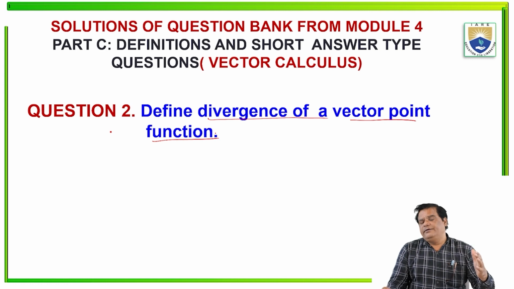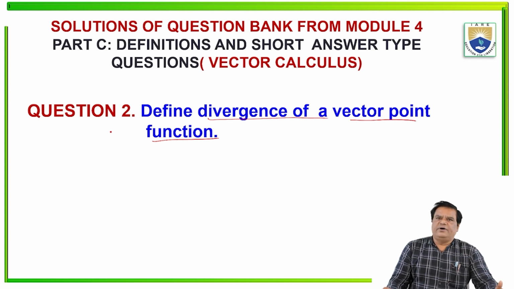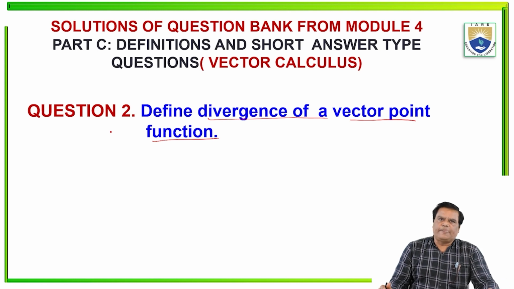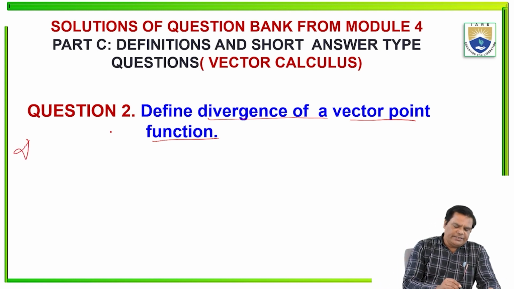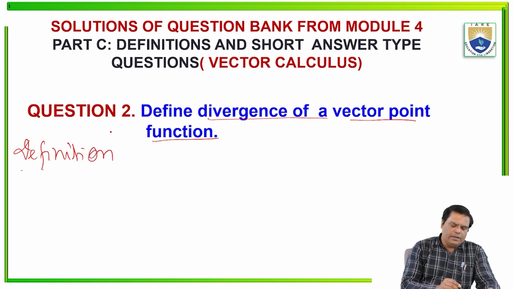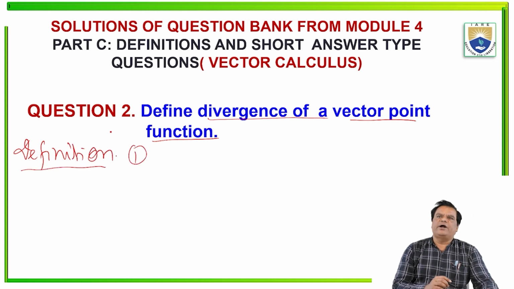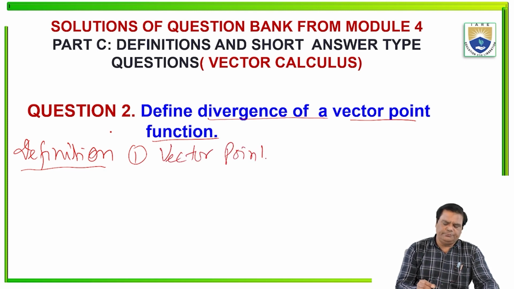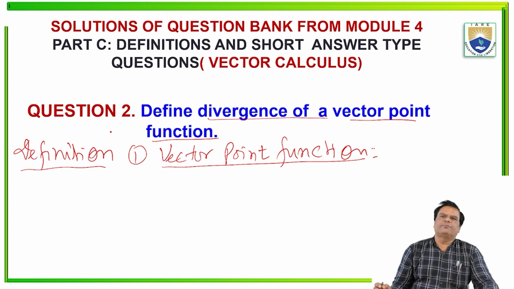In gradient, we get a vector point function, but in divergence, we get a scalar point function. So here, definition, number one, vector point function. What is a vector point function?